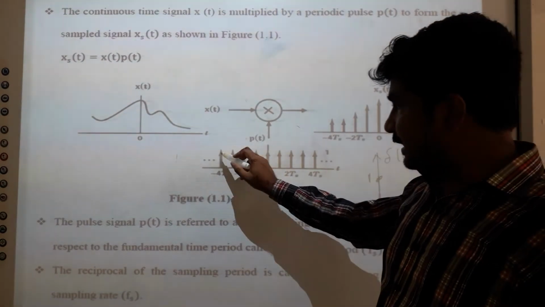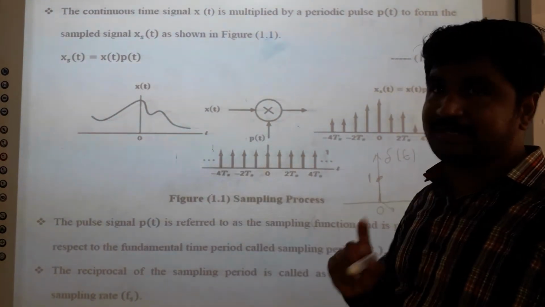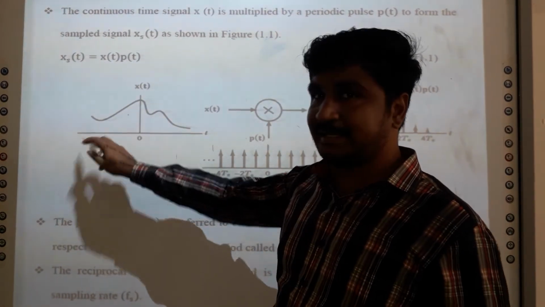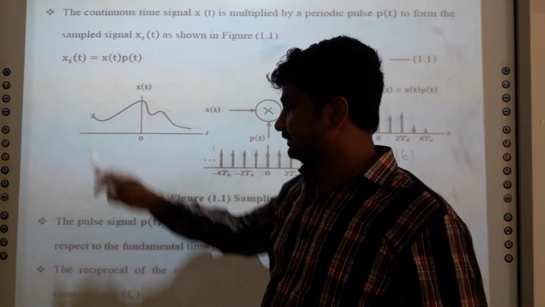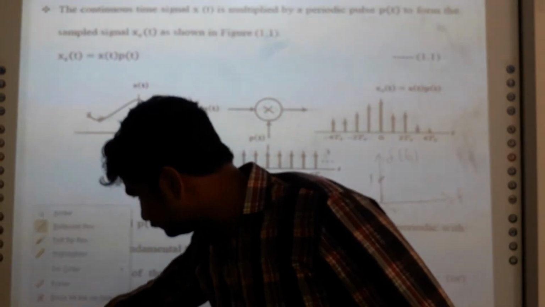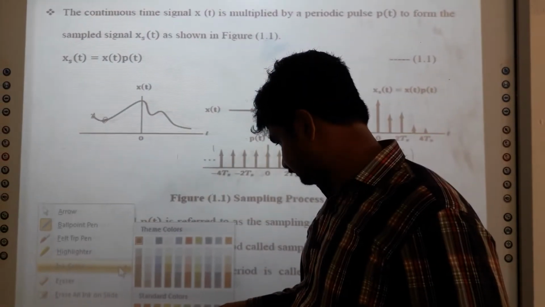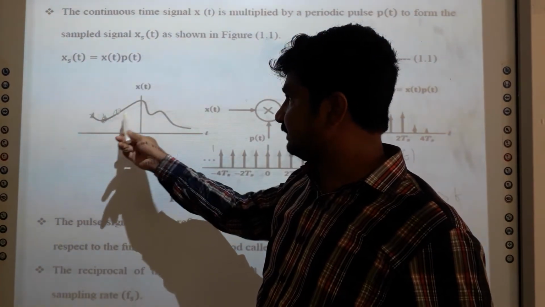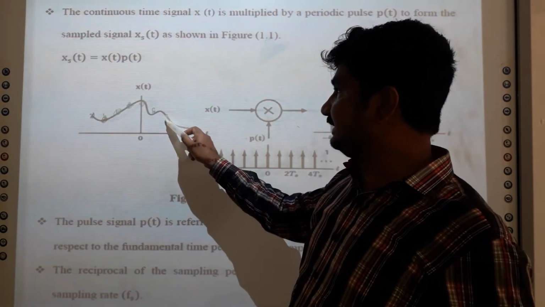So, if all the pulses have an amplitude of 1, then when multiplied with a particular signal, this particular amplitude will be taken, such as these amplitudes.